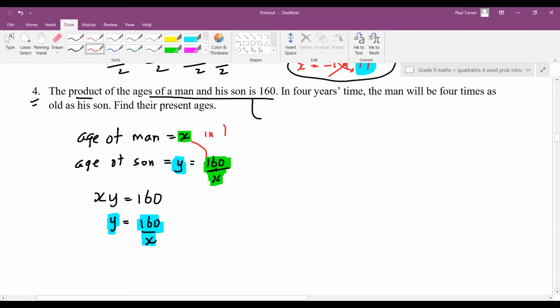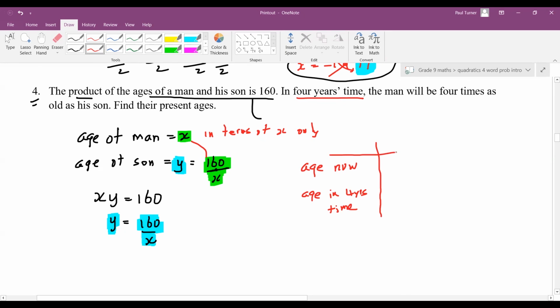In terms of x only. Okay, so what I'll do, I'll set up a table. I've got the age now. And in 4 years' time, so age in 4 years' time. And I've got the son's age and the father's age here. So son's age, father, or the man, the father's age.